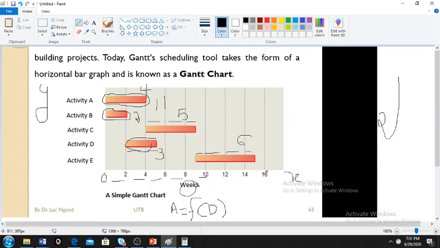And as I said, you can put the activities in the x-axis and the duration in the y-axis. The duration can be in weeks, days, or years, it's up to you. But generally it is in terms of days or weeks.